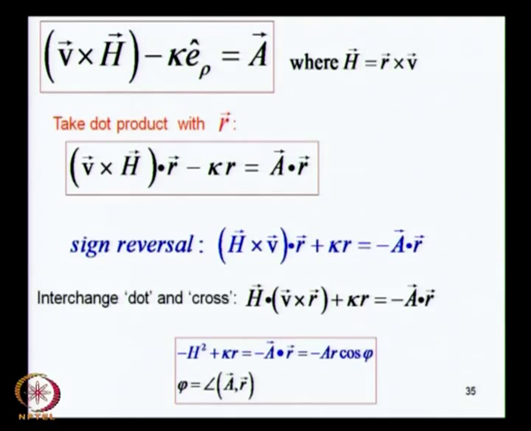So we now have the dot product of h with the negative of h, so that gives us minus h squared. Then you have kappa r, and this is equal to minus A dot r, which is A r cosine phi, where phi is the angle between the Laplace-Runge-Lenz vector and the position vector.